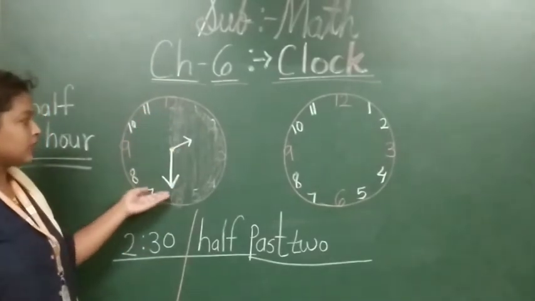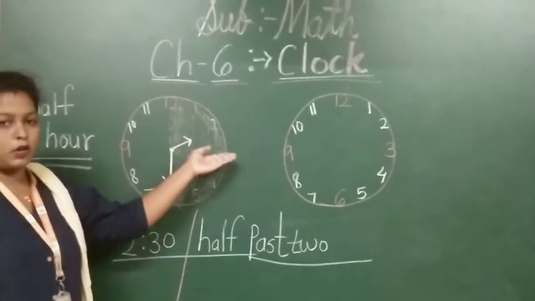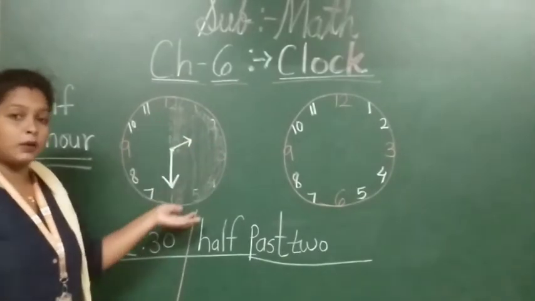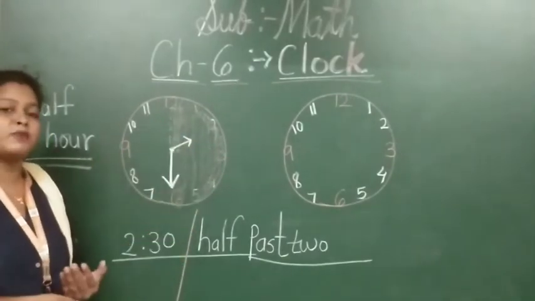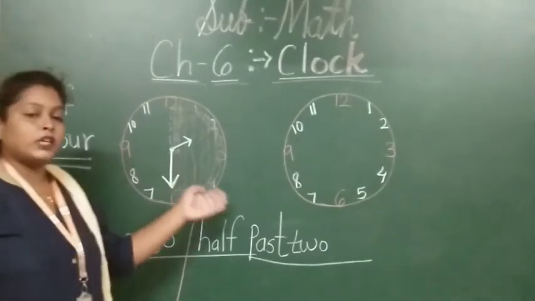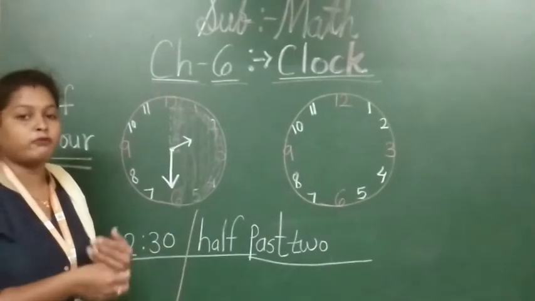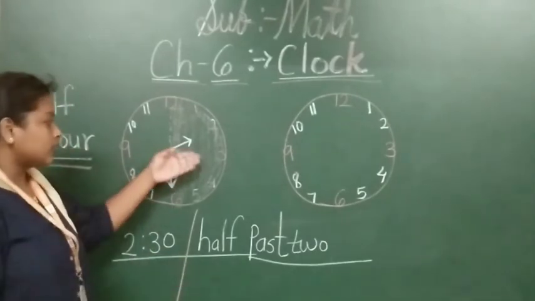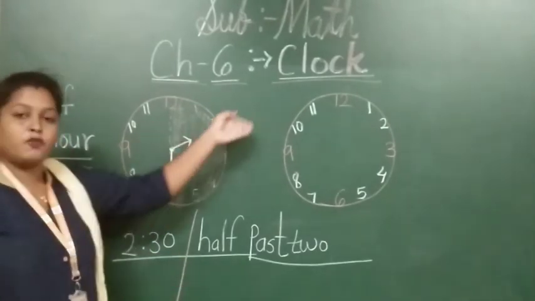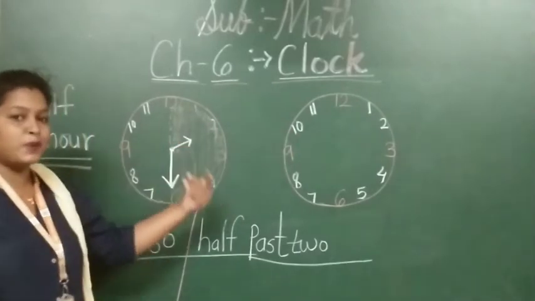Half past means जब 2 o'clock खत्म हो गए, उसके बाद half hour complete हुआ, that is called half past 2. Okay, instead of taking 2, you can take 3:30, 4:30, 5:30, right? So ऐसे जैसे टाइमिंग मैंने सिखाया आपको full clock, same way in the half hour.